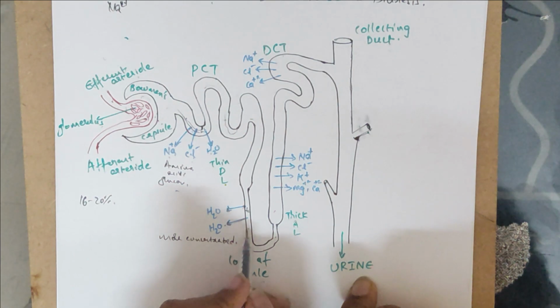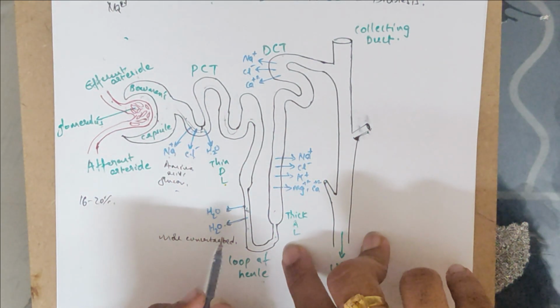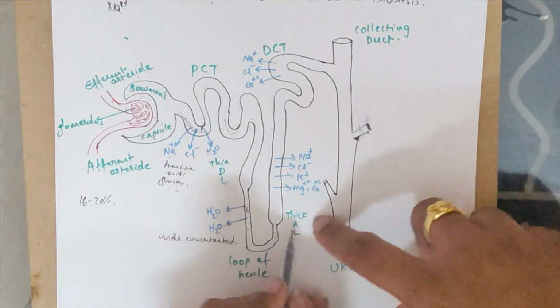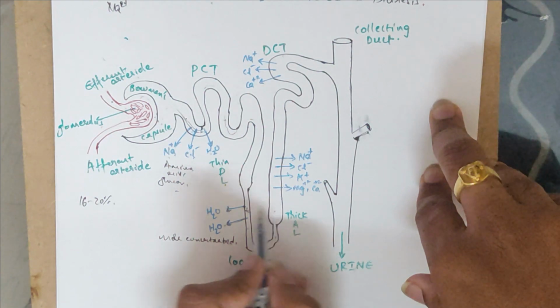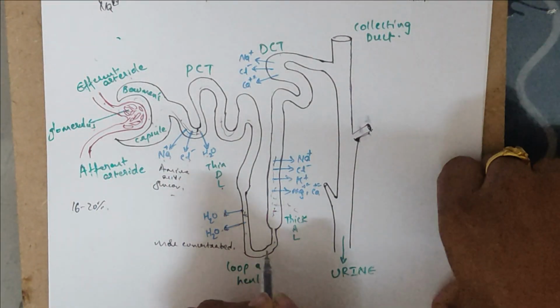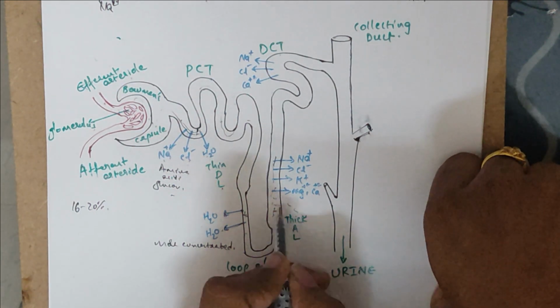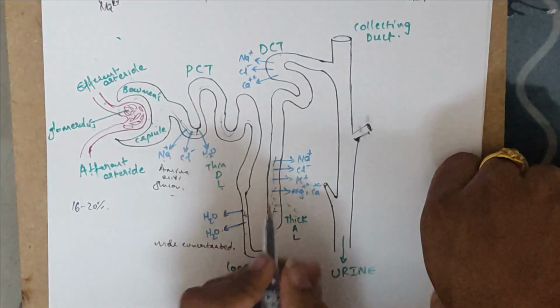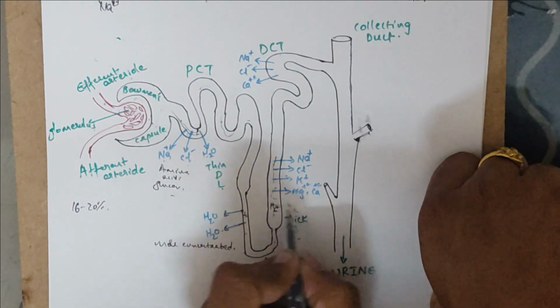So the filtered fluid gets more concentrated, and when the fluid is moving through the thick ascending limb, here the opposite takes place. When the fluid moves in the thick ascending limb of the loop of Henle, it is impermeable to water.